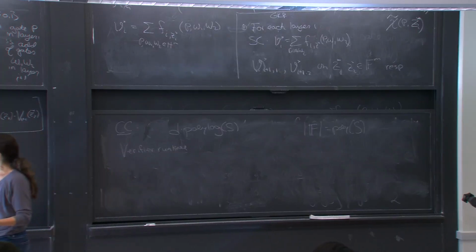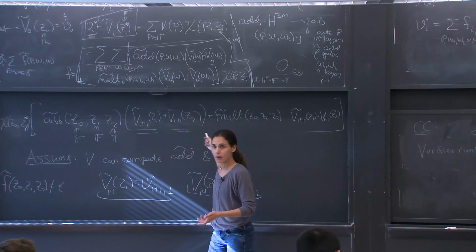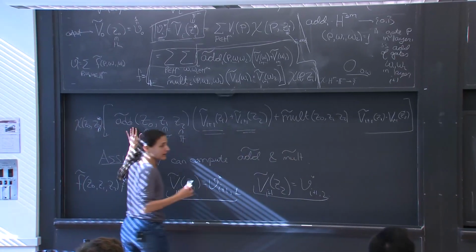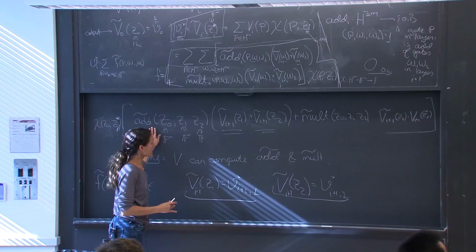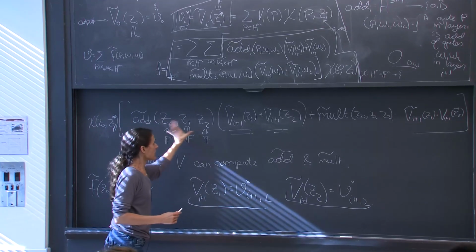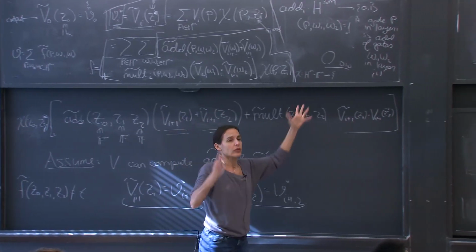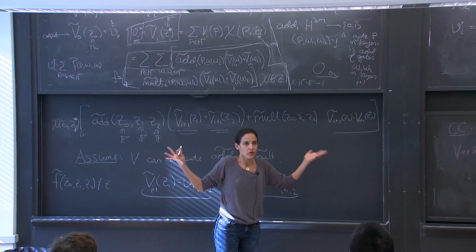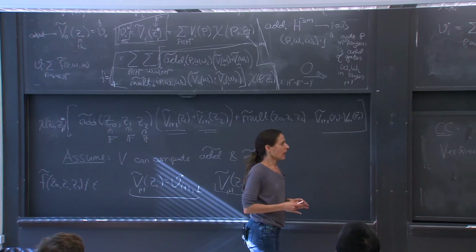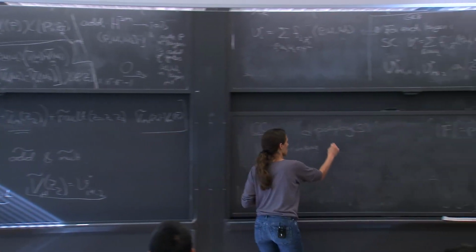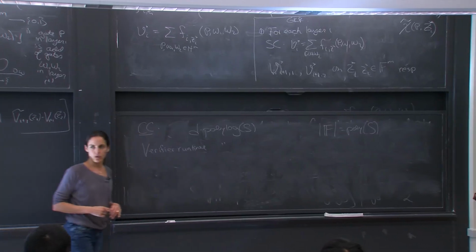He just needs to check consistency of this f. Assuming he has add tilde and mul tilde as an oracle, the only thing he checks is that this times this plus this equals some value. That's just a bunch of field elements. It's nothing. So really, it's the same as this, not much more.